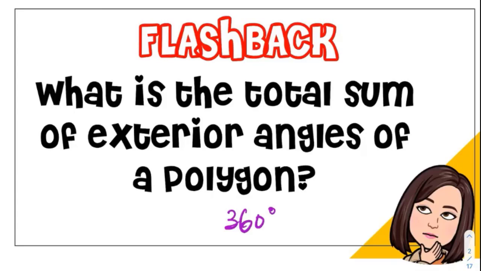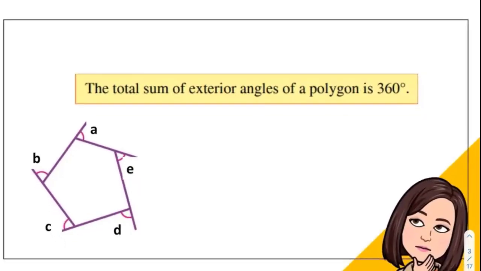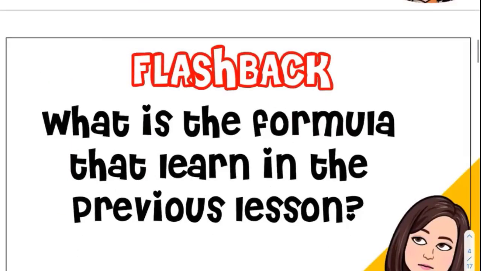The sum of the exterior angles is the same, 360. So if this is a pentagon, it means that A plus B plus C plus D plus E, the last one, is equal to 360 degrees. This is only a flashback of our previous lesson.